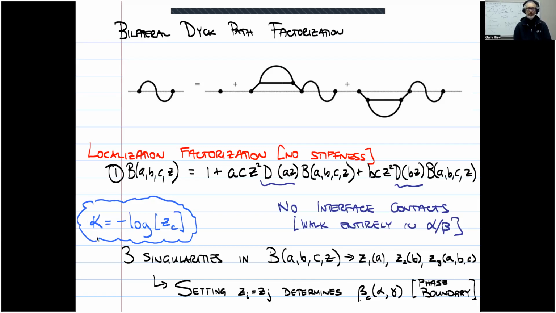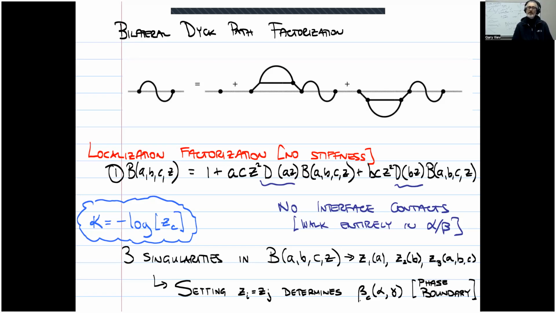Here in this blue bubble, I just want to point out that this is a physical model, a chemical model. Typically what we study here is the free energy of this model, and that's given by minus the logarithm of whatever the critical value of z is.